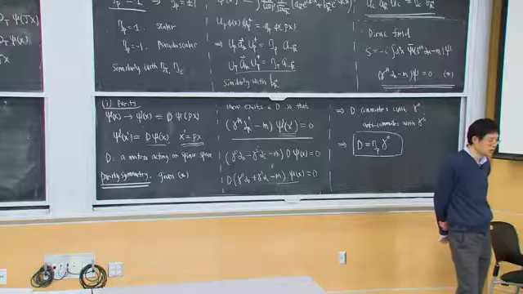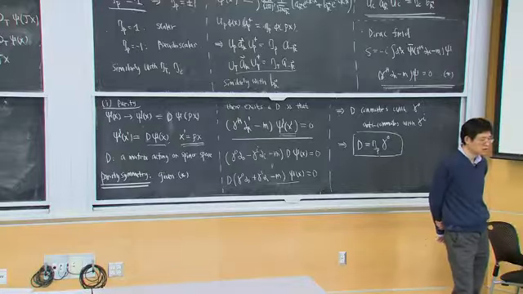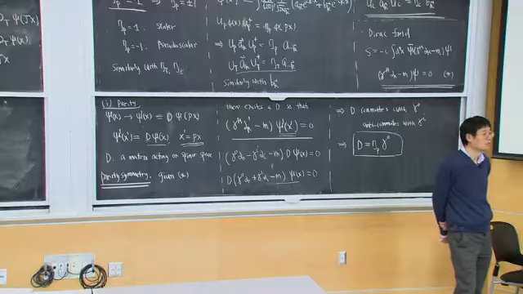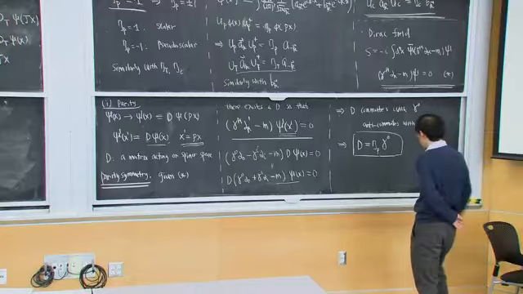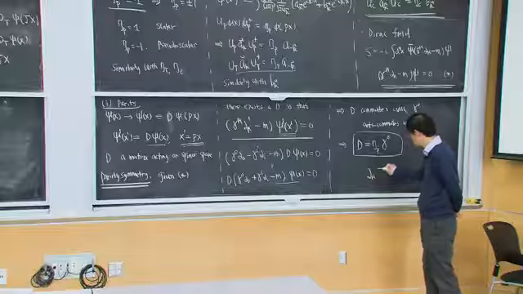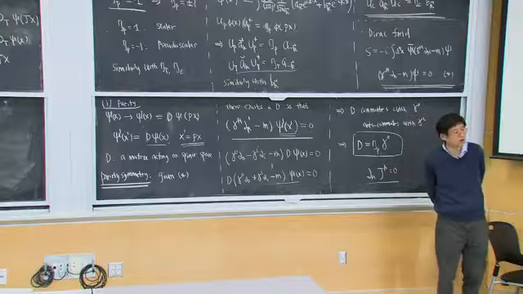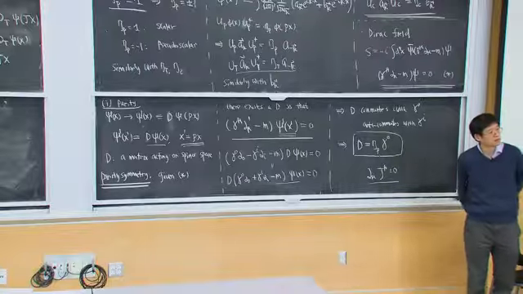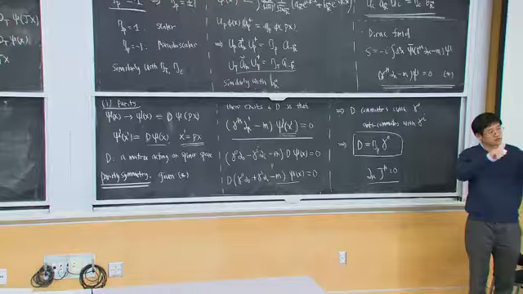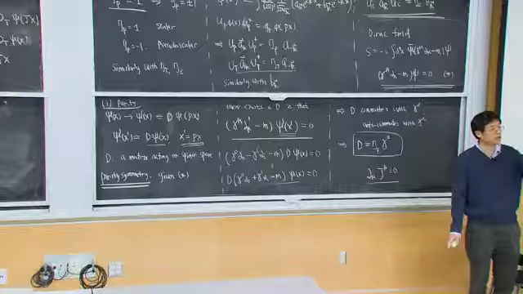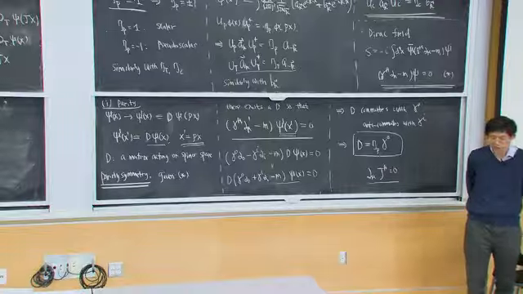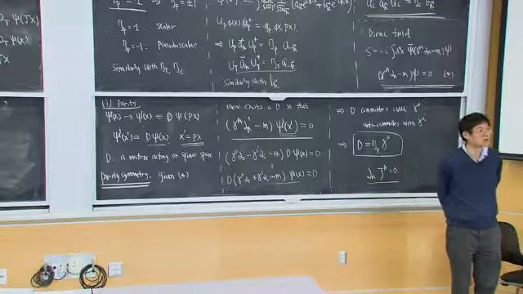If it's conserved in one, it's conserved in all of them, because the conservation equation is a covariant equation. The conservation equation is partial mu j mu equal to 0, so this equation has the same form in any frame. The charge is different in different frames, but they're related by transformation. In any frame you can define a conserved charge.